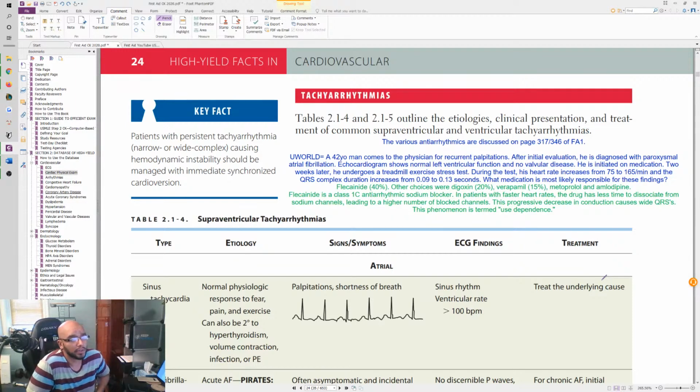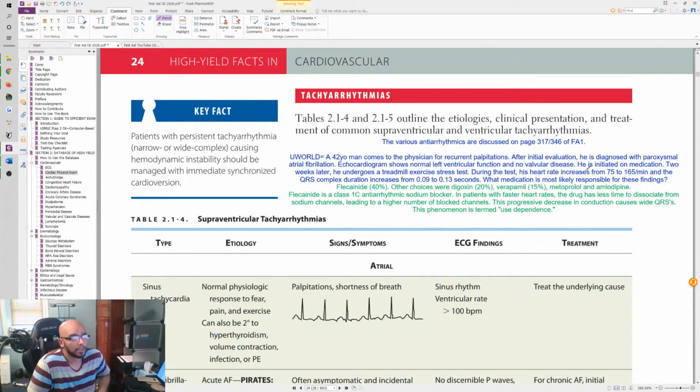This progressive decrease in conduction causes wide QRS, and this phenomenon is termed use dependence. So I never knew about this kind of thinking, right? I did not know that people who have faster heart rates would have a lesser amount of time for the drug to dissociate, and if the drug does not dissociate, then you're going to have more sodium channel blockade. So generally speaking, an increased heart rate amplifies the drug's effect.